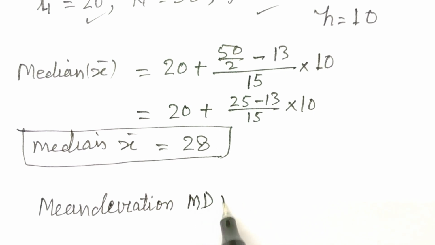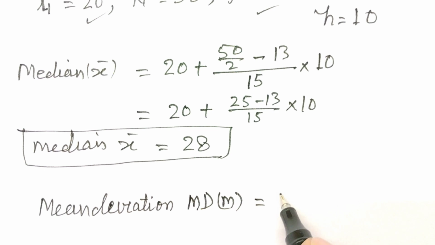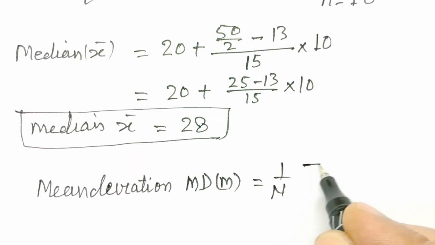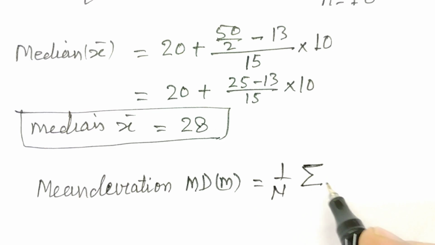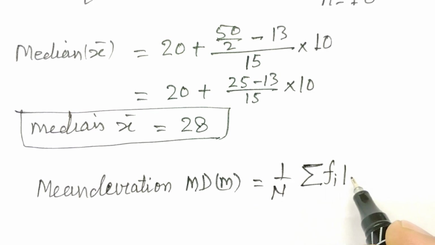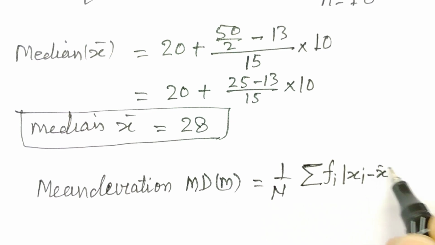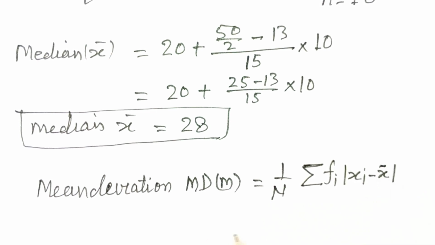MD is equal to 1 over n, summation of fi into mod of xi minus x bar, right?